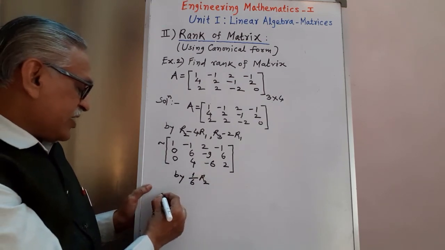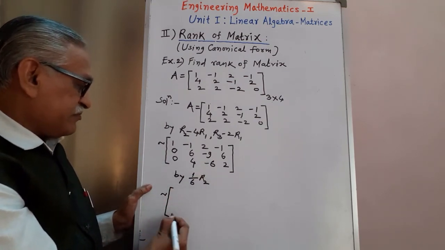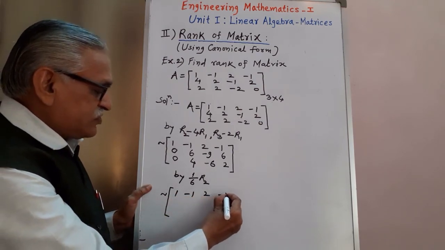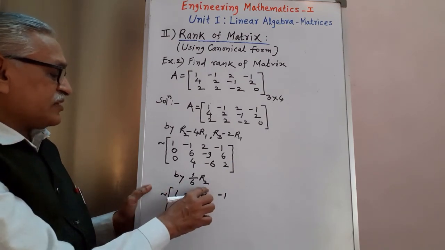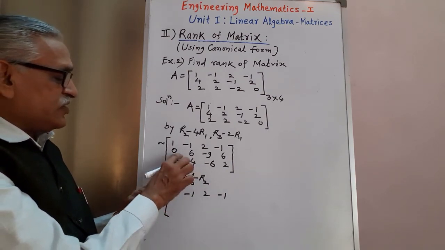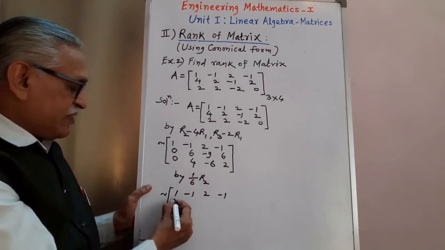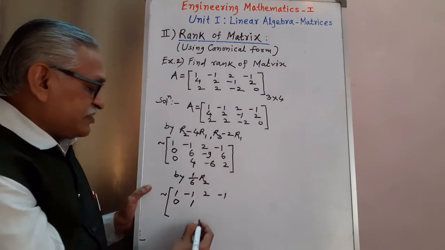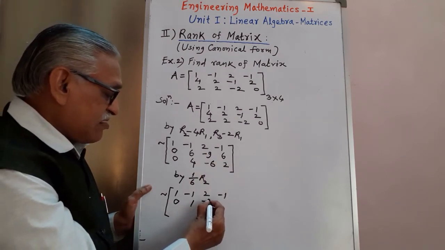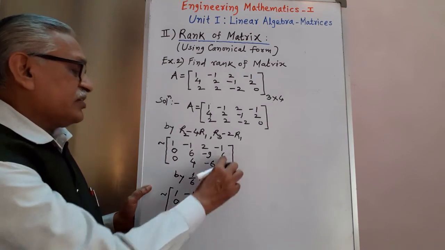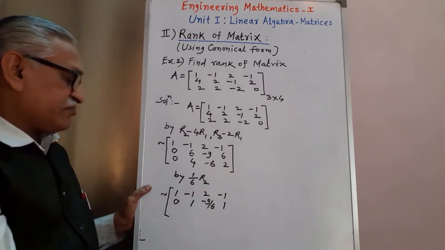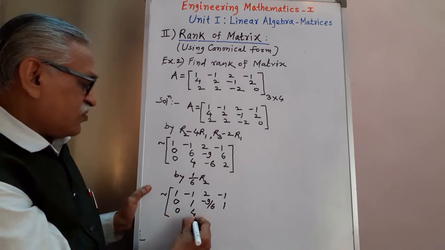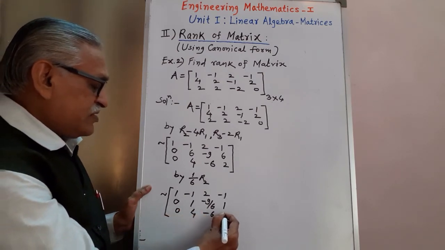Applying that, first row no change, 1, minus 1, 2, minus 1. We multiply each and every element by 1 by 6: 0 into 1 by 6 we get 0, 6 into 1 by 6 we get 1, minus 9 by 6, then 6 by 6 we get 1. Third row no change: 0, 4, minus 6 and 2.